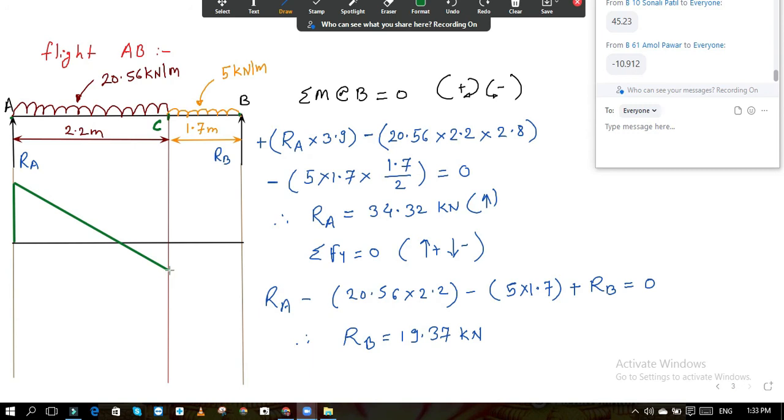From this point, it is here, 19.41, and exactly at point B the reaction RB is there, which value is 19.37, so it will become 0. Here it will become 0. So it is 19.37 kilonewton.